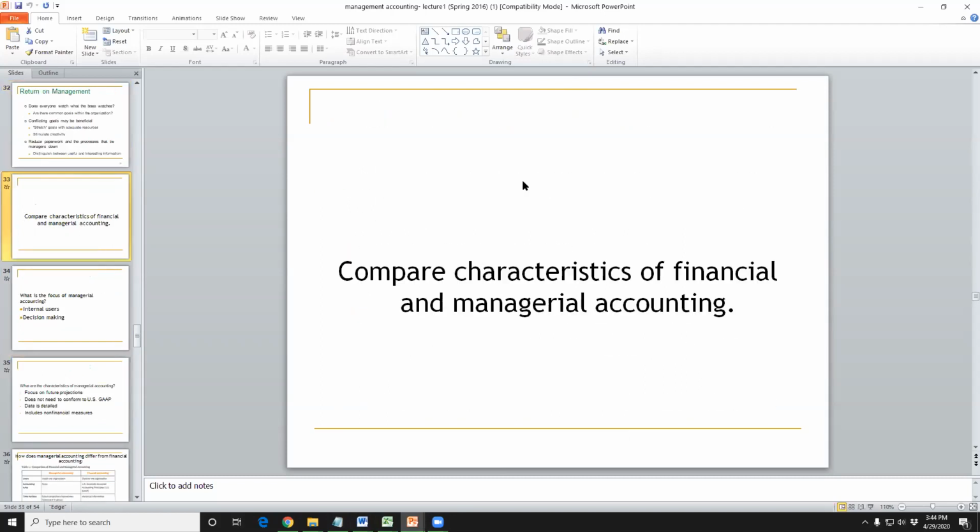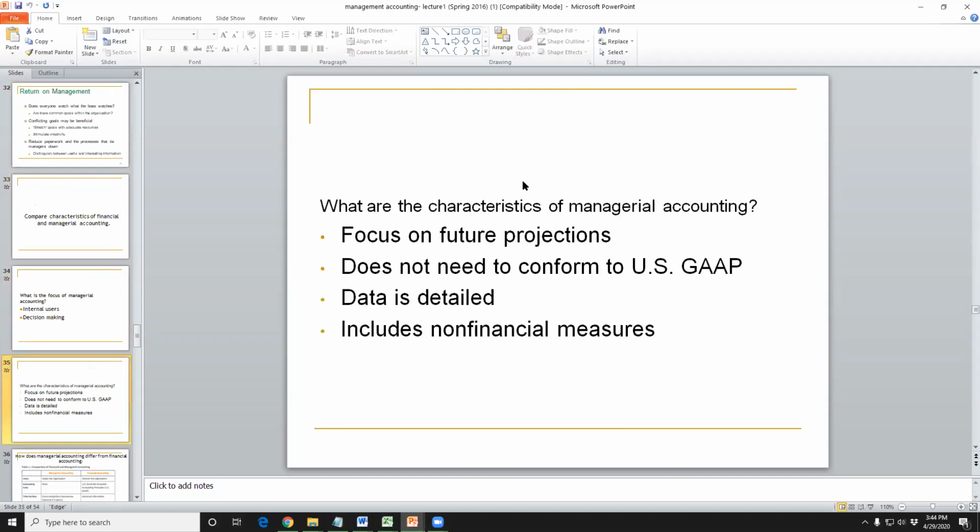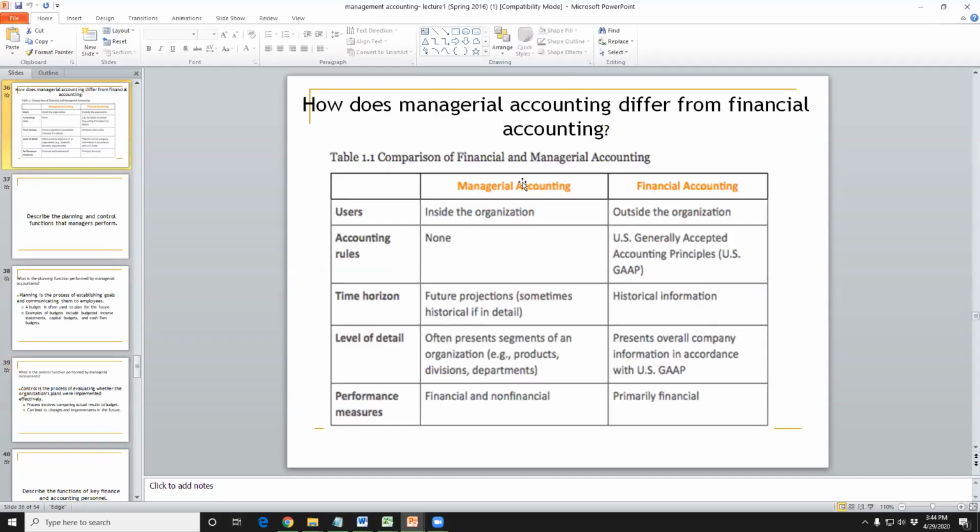Okay, so the other thing that is talked about is managerial accounting versus financial accounting. This grid gives you a nice understanding of the different elements that come into play, the users.